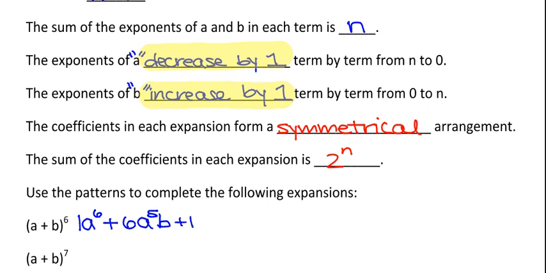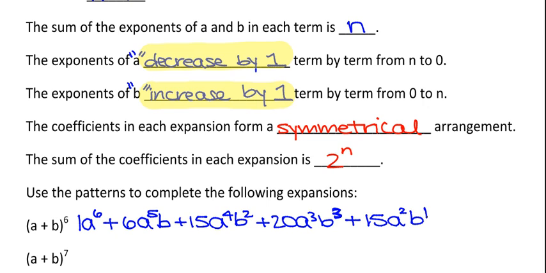Next coefficient was 15. A decreases, b increases. Then 20 as a decreases and b increases. Then 15 again as a decreases and b increases.